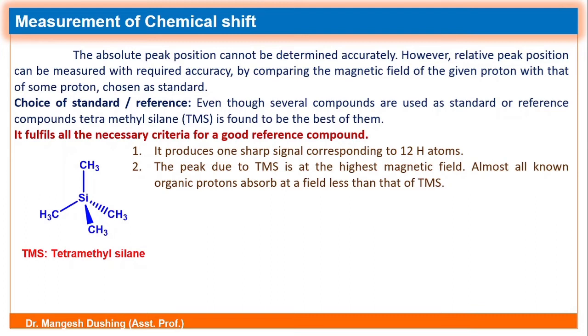All these 12 protons are highly shielded, so they give a sharp signal towards the right-hand side, the extreme right-hand side. Almost all organic compounds absorb downfield as compared to TMS. So we can easily locate the position of TMS, and we can easily find the relative peak positions of the compound's protons.